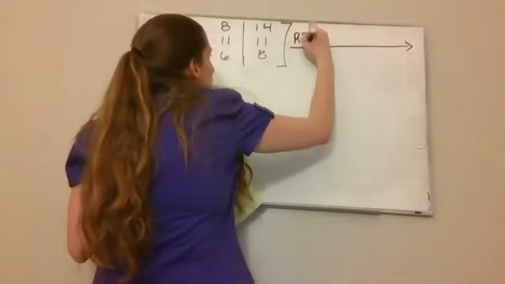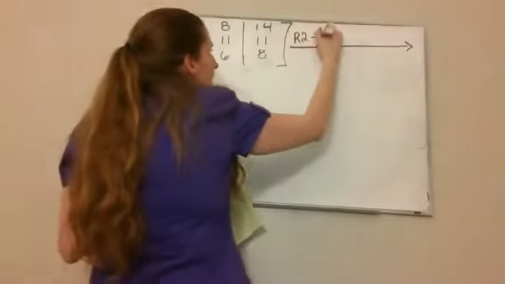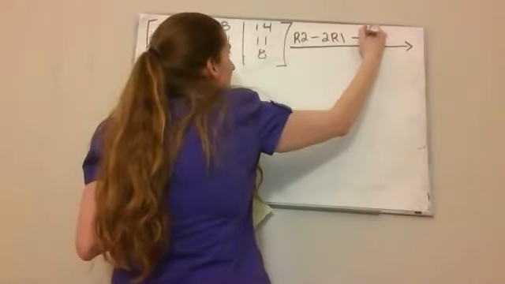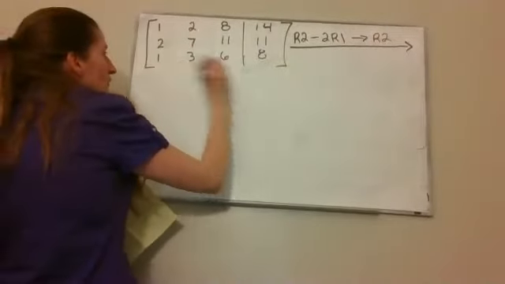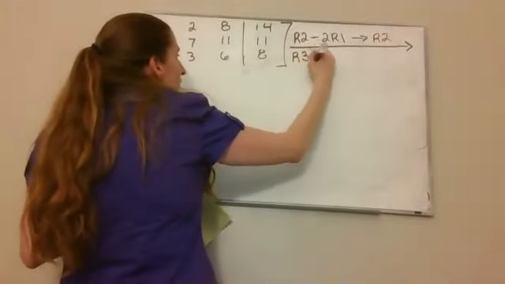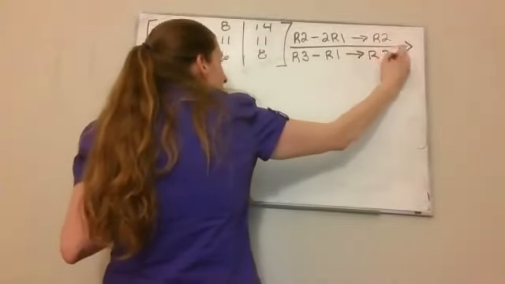So my row 2, I need to subtract 2 of my row 1s, and store that in row 2. And then my row 3, I can make that into a 0 by just subtracting 1 of my row 1s.